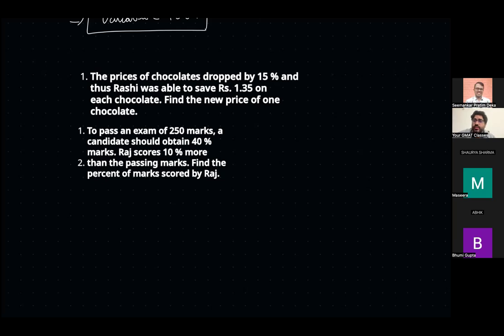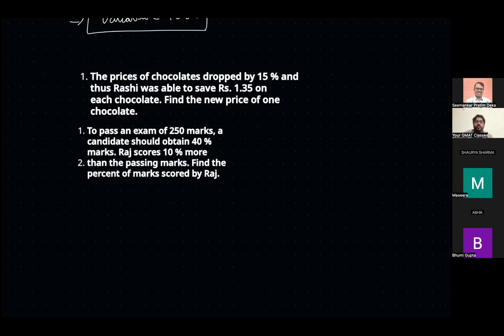It's asking in percent, no? No, 50 is incorrect. Shubham, that's the old value. The question is asking for the new value, the new price.